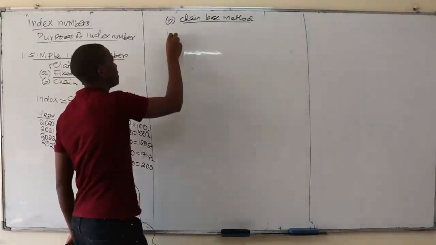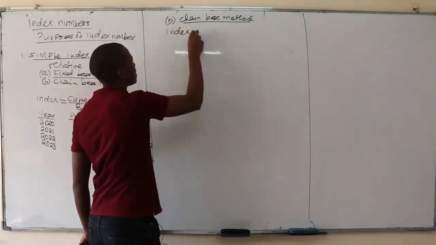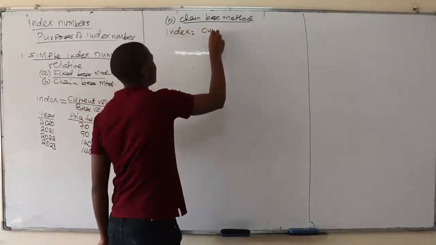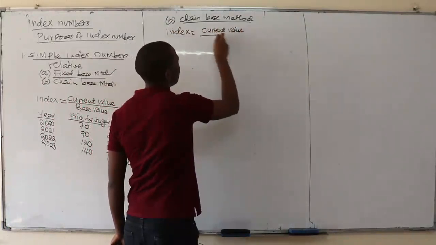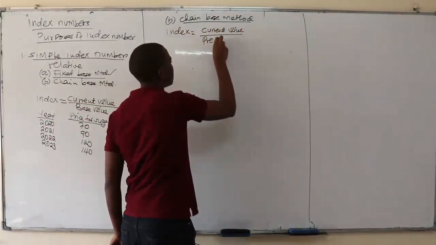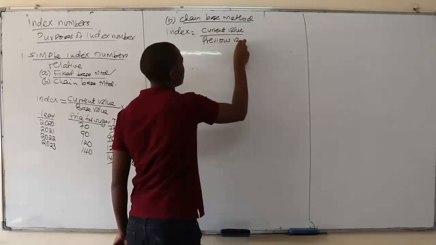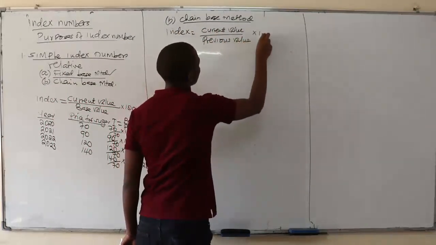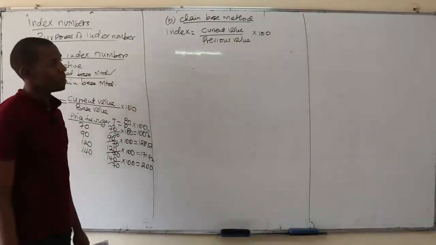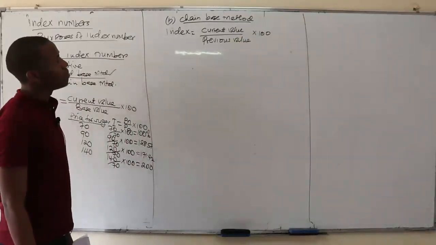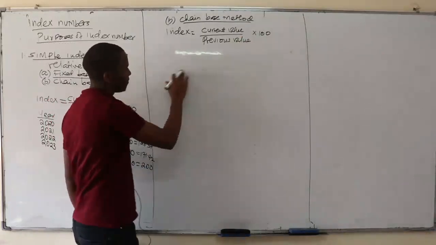So in that case, for you to get the index, it will be the current value divided by the previous value, then you multiply by 100. And that is how you'll be able to get that value.